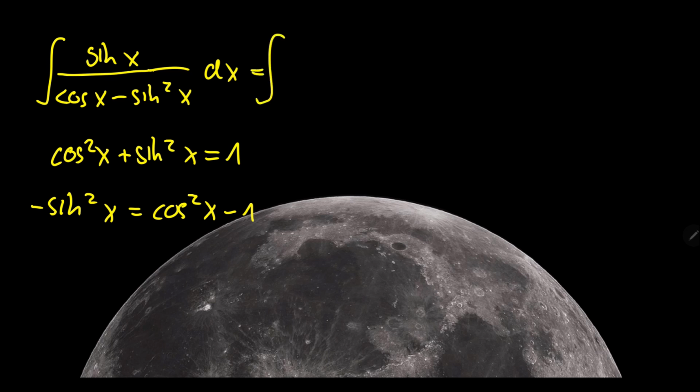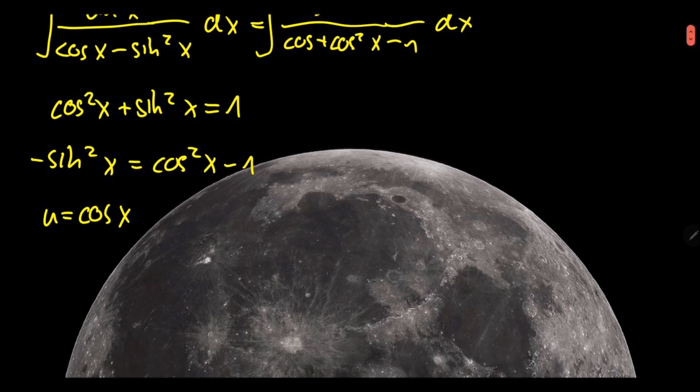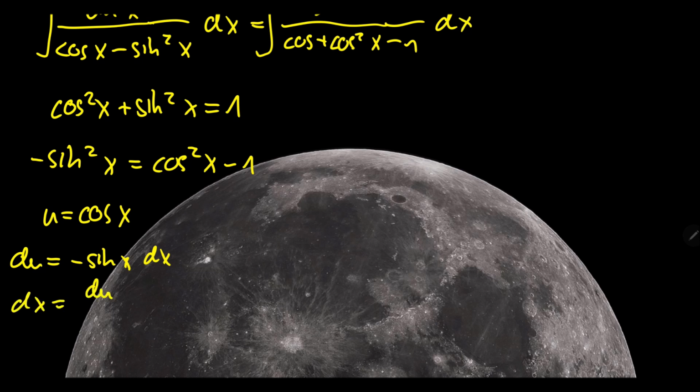So we can rewrite our integral as sine of x all over cosine of x plus cosine squared of x minus 1 dx. Now a nice substitution would be u is equal to cosine of x, because then we get du is the same as minus sine of x dx, and dx is then nothing but du over minus sine of x.